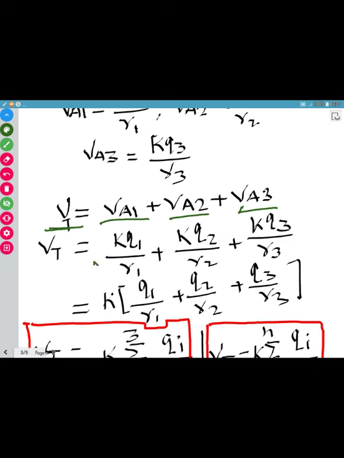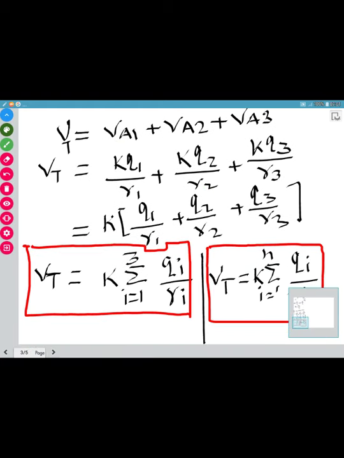If we put in the values we have already derived, Kq1 by r1, Kq2 by r2, Kq3 by r3, we can take out K as it is common in all three, and in brackets write q1 by r1, q2 by r2, q3 by r3, in a very compact form.